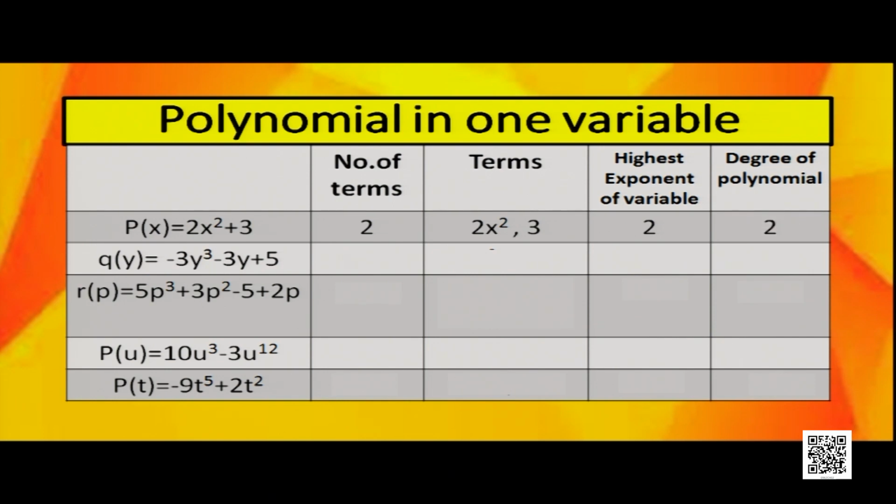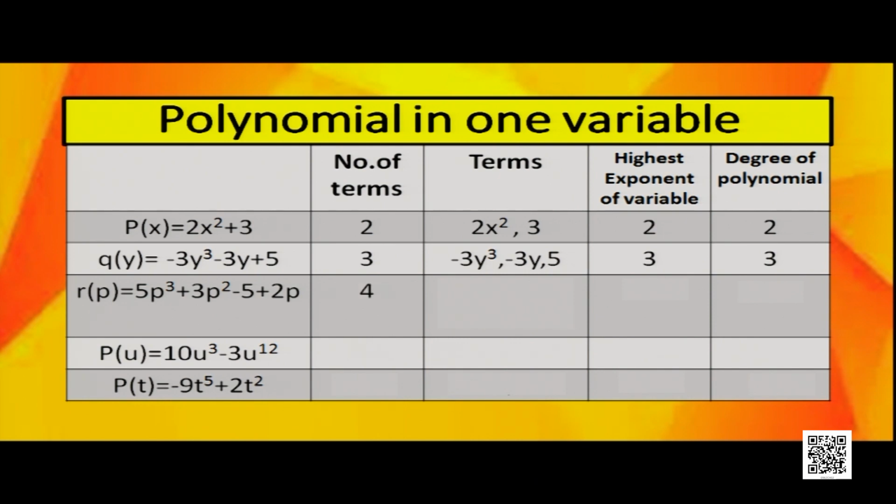In the second one, q(y), the number of terms is 3. And what are the terms? Minus 3y raised to the power 3, minus 3y, and 5. And what is the highest exponent of the variable? It is 3. So, the degree of the polynomial is also 3. In the next one, we have 4 terms.